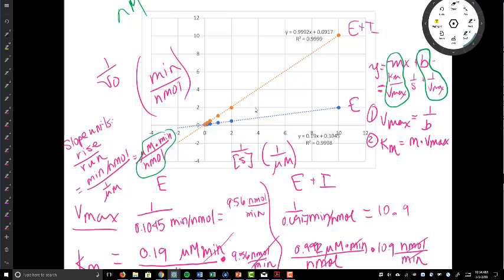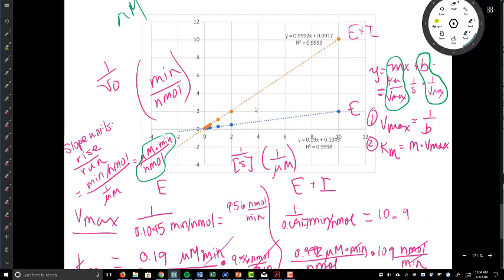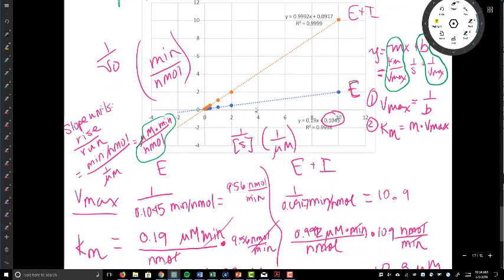Okay, so let's start with calculating the Vmax for the enzyme and the apparent Vmax for the enzyme plus inhibitor. To calculate the Vmax for the enzyme alone, by the way, if you're looking at the inhibitor, the enzyme is always going to be the lower of the two slopes. We can calculate the Vmax from 1 over B, which in this case is 1 over 0.1045. The units are going to be minutes per nanomole, because that's the units on the y-axis.